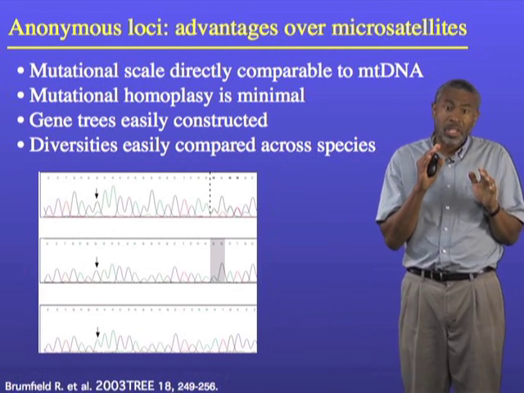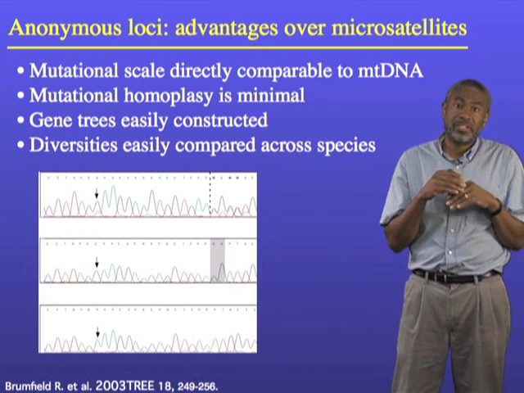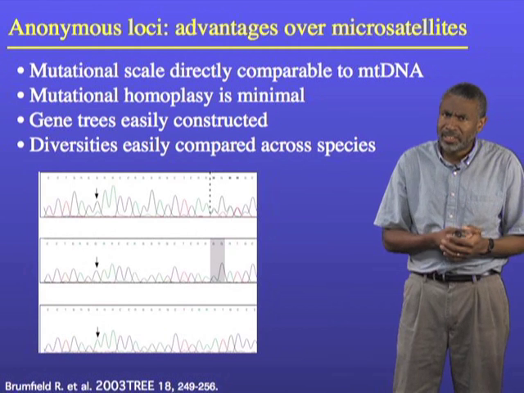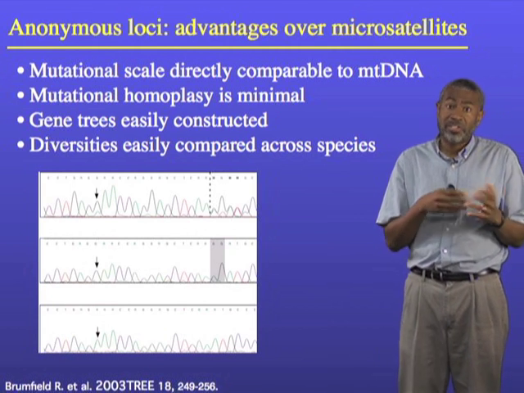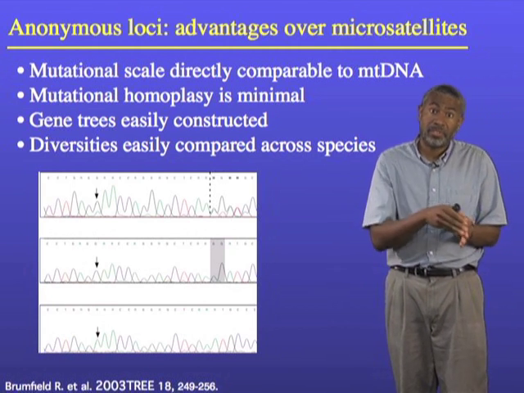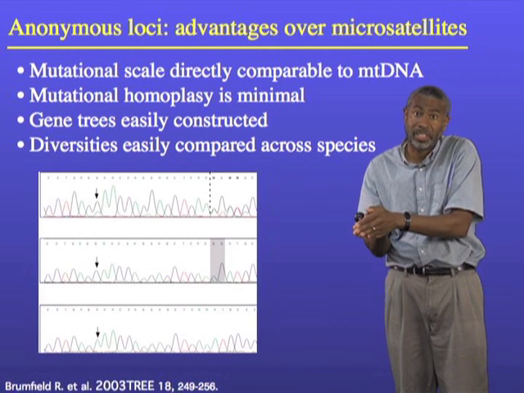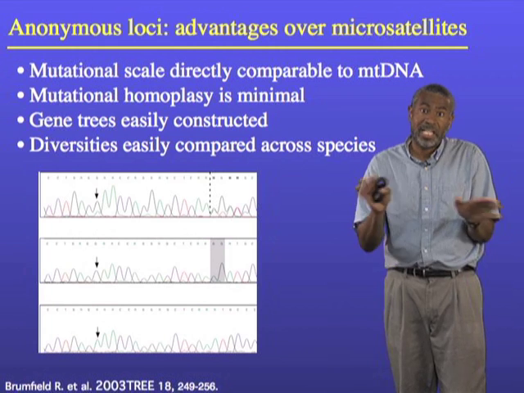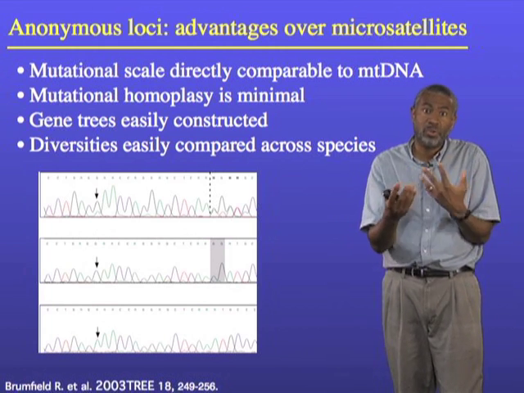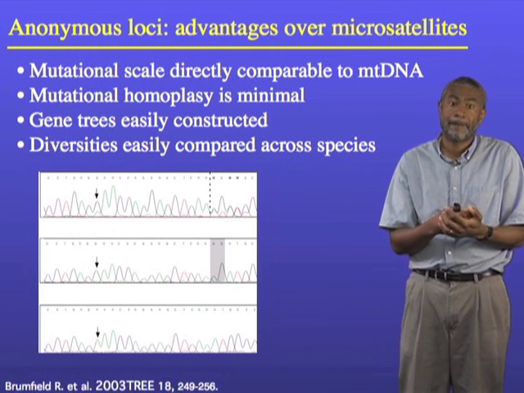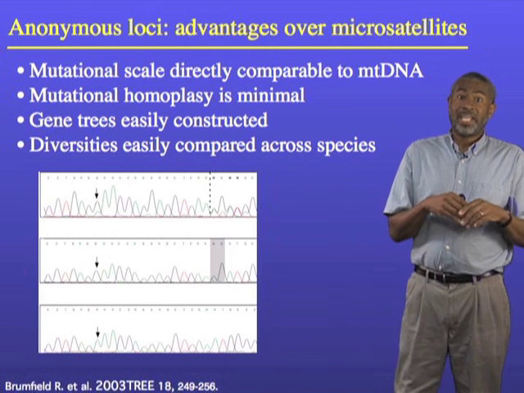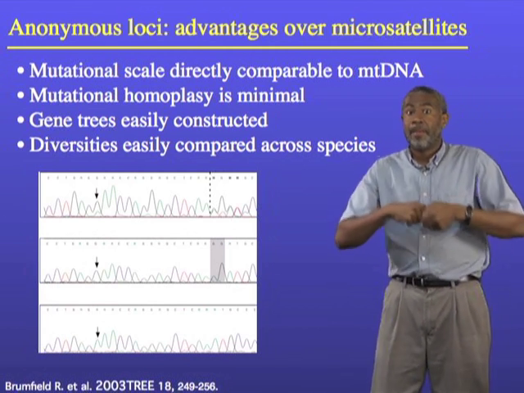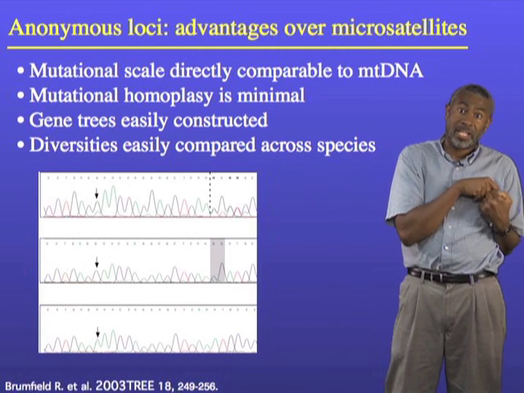Now, we like these sequence-based markers because we can measure genetic parameters very easily with them. We can, for example, compare nuclear DNA directly to mitochondrial DNA. They're both sampled by using DNA sequences. They're essentially the same units, the same type of information. We can talk about the extent to which these genes mutate one way and then back again to the ancestral state.